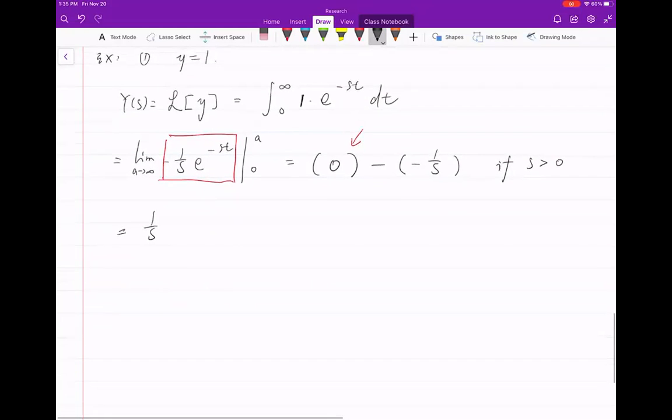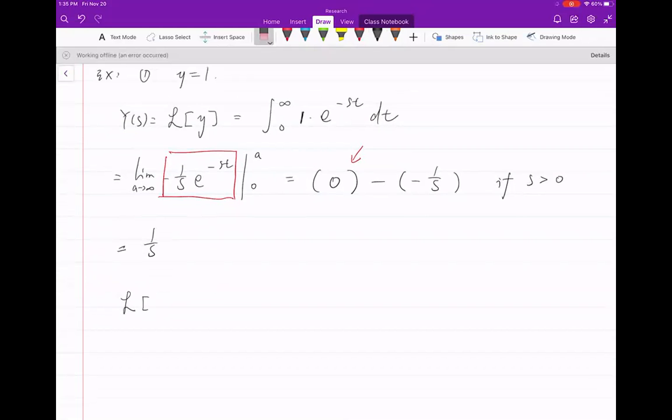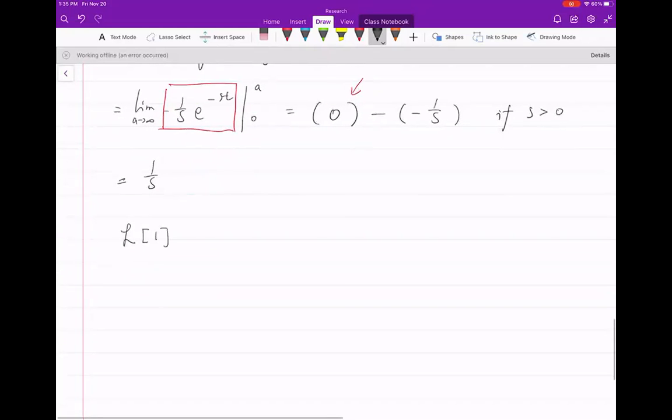So I think I can write it down. L of y, where y is actually 1, equals 2 possibilities: does not exist if s is less than 0, or 1 over s if s is bigger than 0.